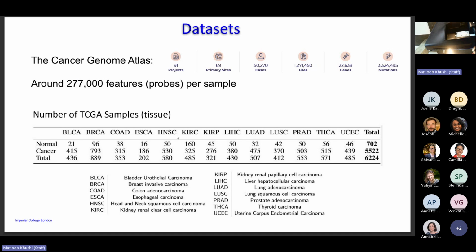These are the cancer types. They're shorthand for the long names down here. As you notice, the normal samples are a lot lower than the tumor samples, so it's an unbalanced data set, and we had to come up with ways to deal with that.